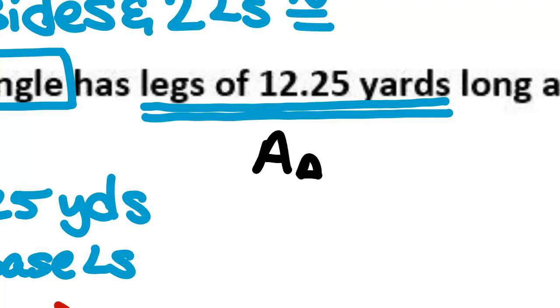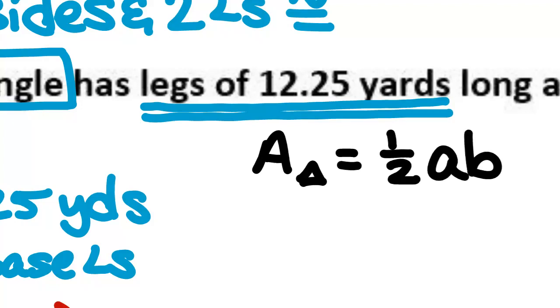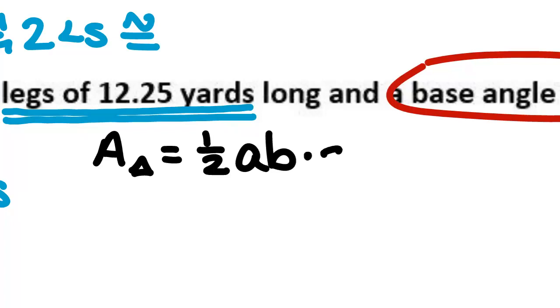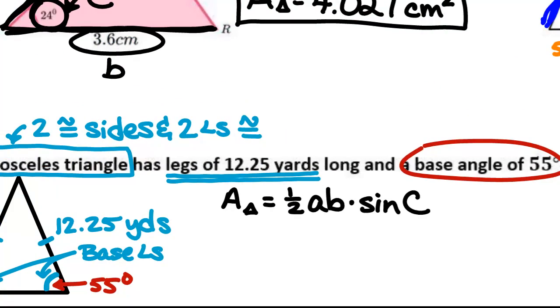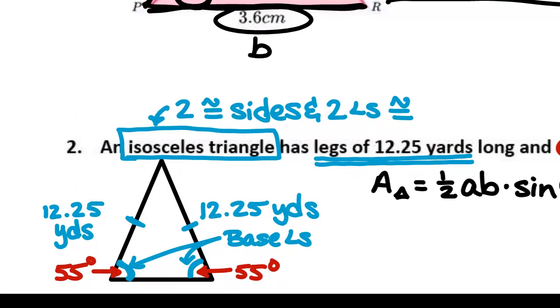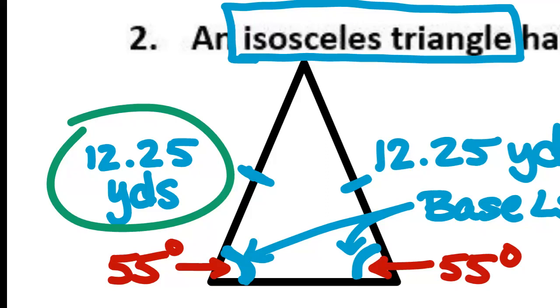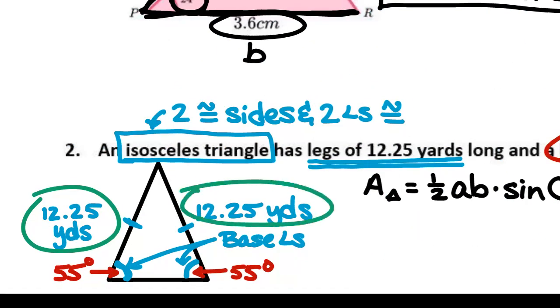So area for a triangle is equal to 1/2 AB times sine of angle C. How many sides do we know? We only know 2 sides, so we have to use those 2 sides for A and for B. And they are the exact same size.